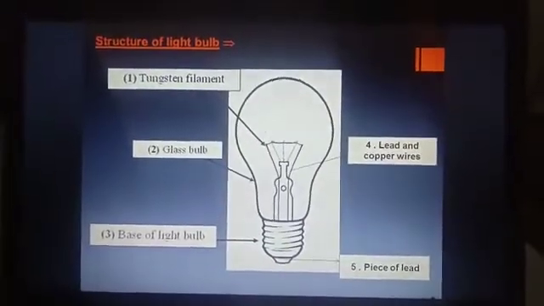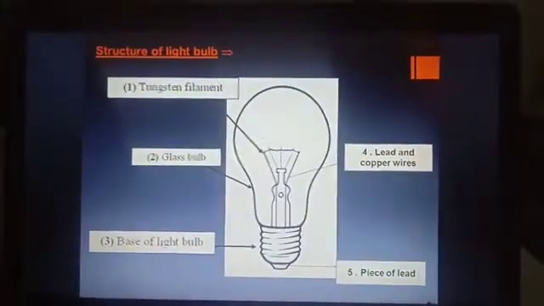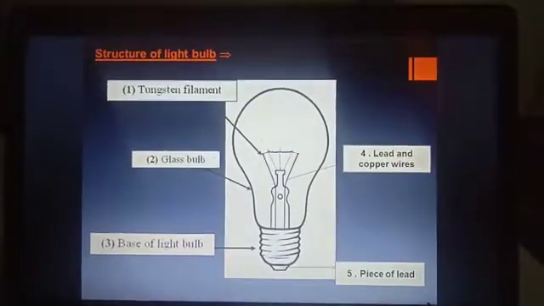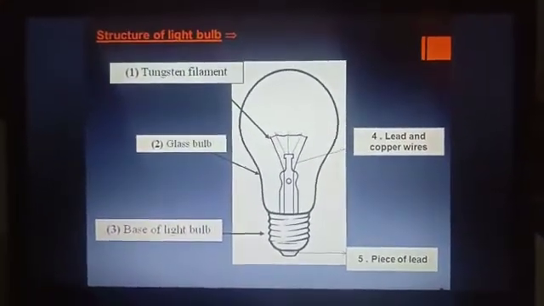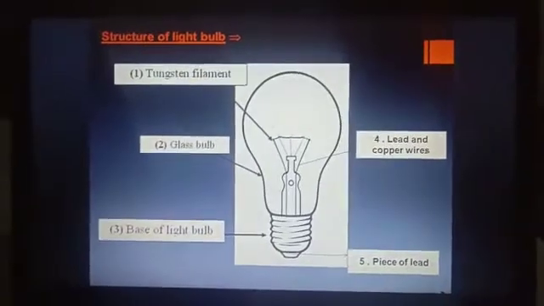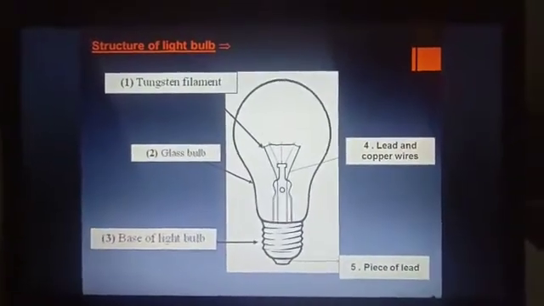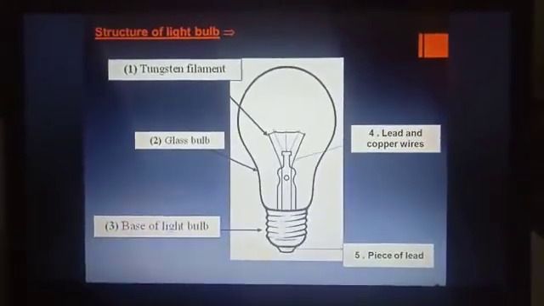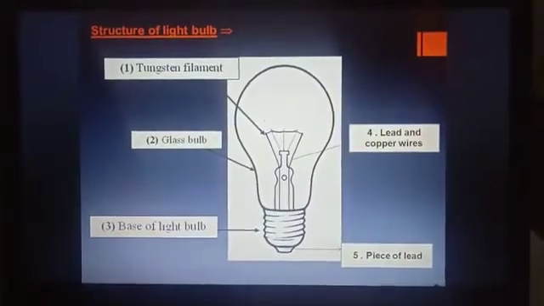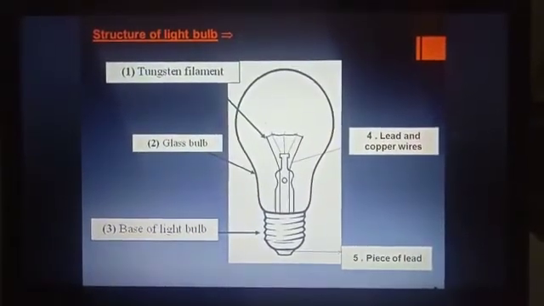And if the electric current reaches the tungsten filament, the filament will heat up and light. Finally, what's the structure of the light bulb? Tungsten filament, glass bulb, base of light bulb, lead and copper wires, piece of lead.